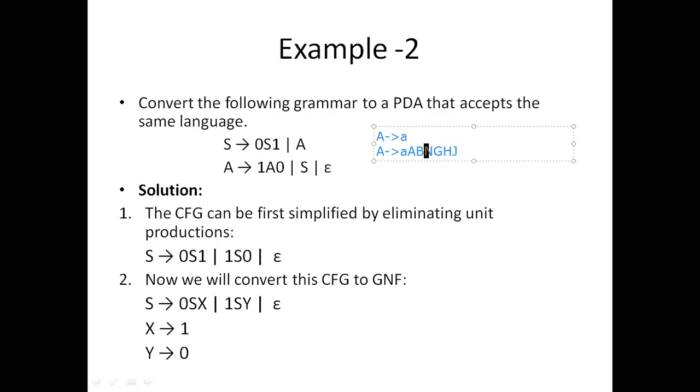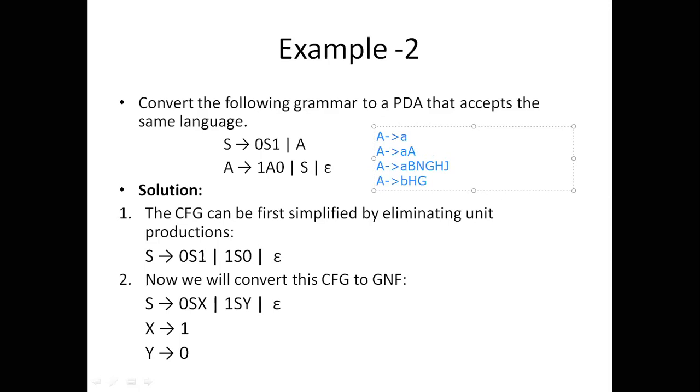So here it can have either one non-terminal or one or more non-terminals. So all of these are examples of productions in GNF form.